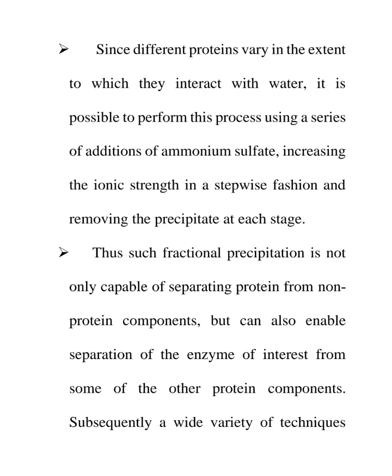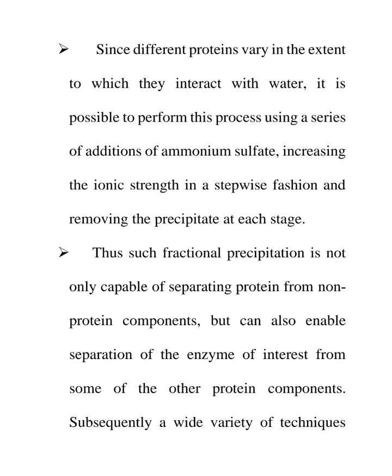Thus, such fractional precipitation is not only capable of separating protein from non-protein components, but can also enable separation of the enzyme of interest from some of the other protein components.